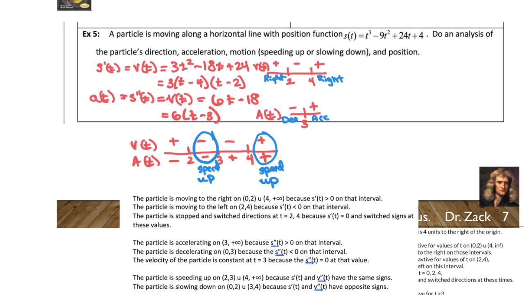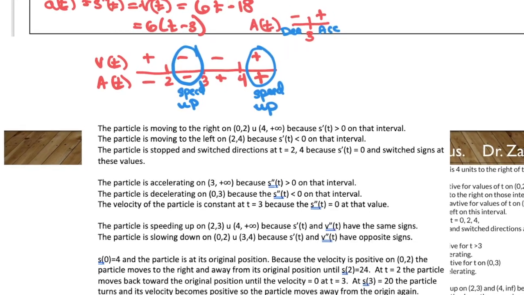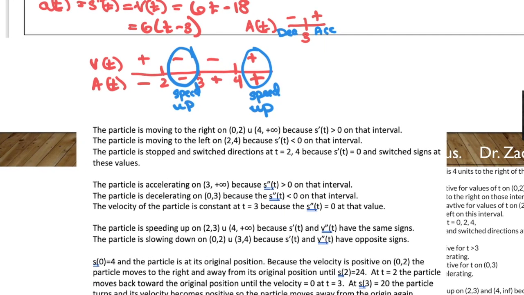All right, so once you have all the information in one place, you then make statements. Your statements should be relative to your question, so talking about direction. The particle is moving right on this interval, because the derivative or velocity is greater than 0 on that interval. The particle moves left on this interval, because the derivative is less than 0.